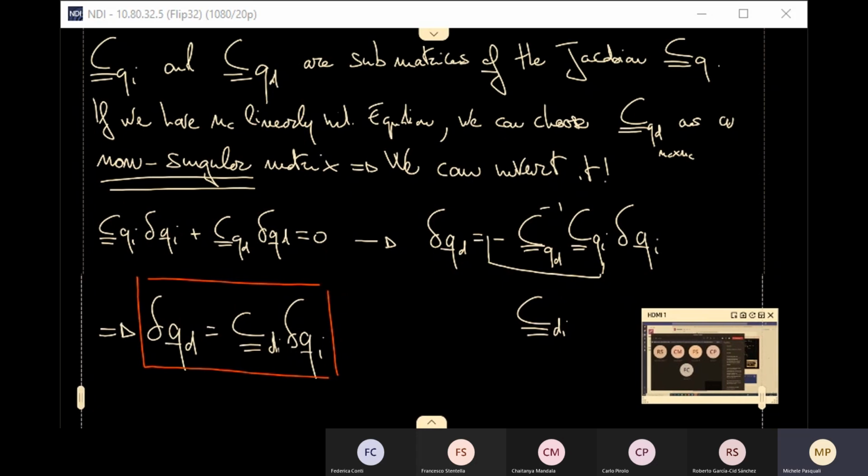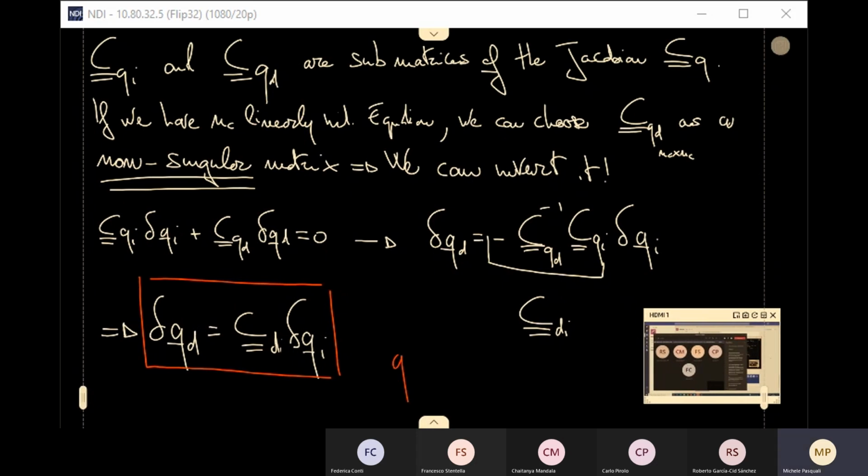Last but not least, the Qi, as I was mentioning, which are the independent parameters, are also called degrees of freedom of the system.